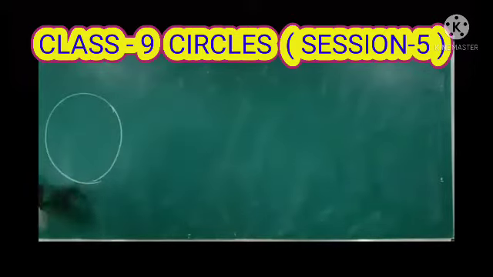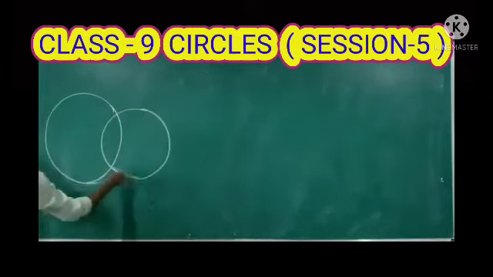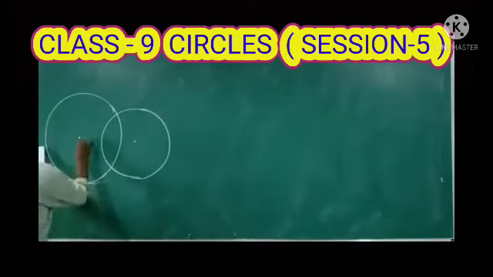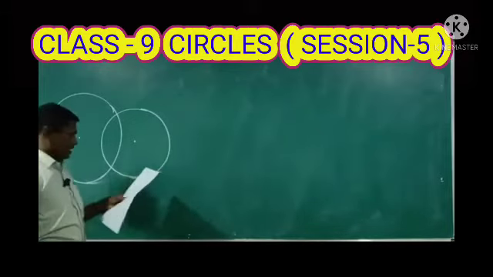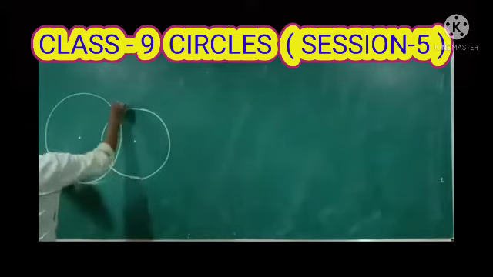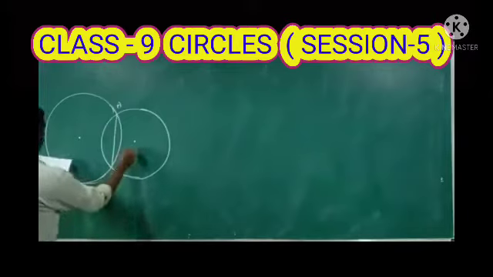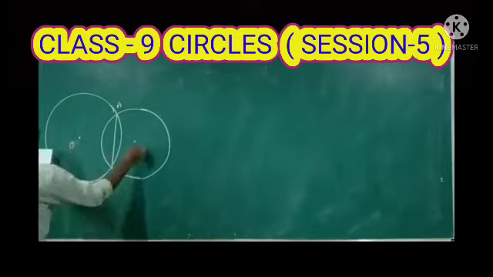So this one is the first circle and this is the second circle, because these two circles have different radii or different diameters. AB is the common chord, and the centers of the circles are considered as O and O dash.